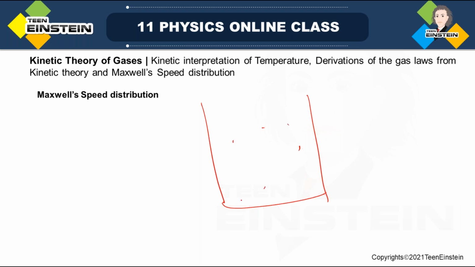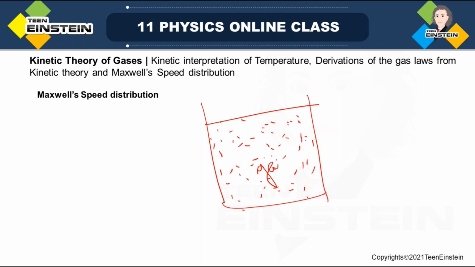I have gas molecules scattered or distributed all over this particular volume like this. But gas molecules are actually mobile. That's what we are learning in the kinetic theory of gas, that gas molecules are not at rest. They are actually mobile.